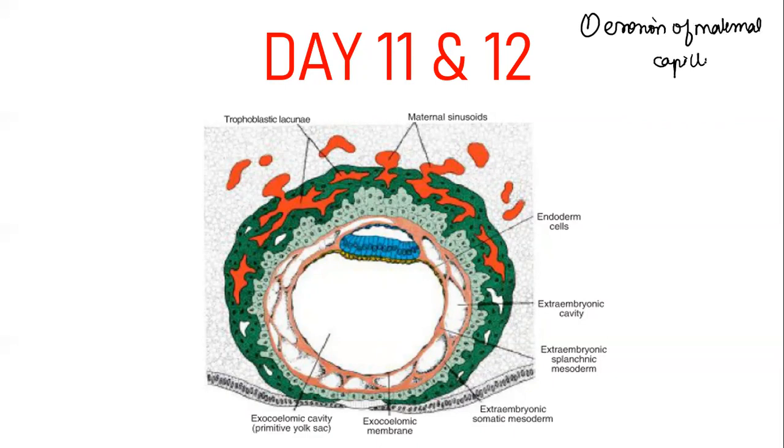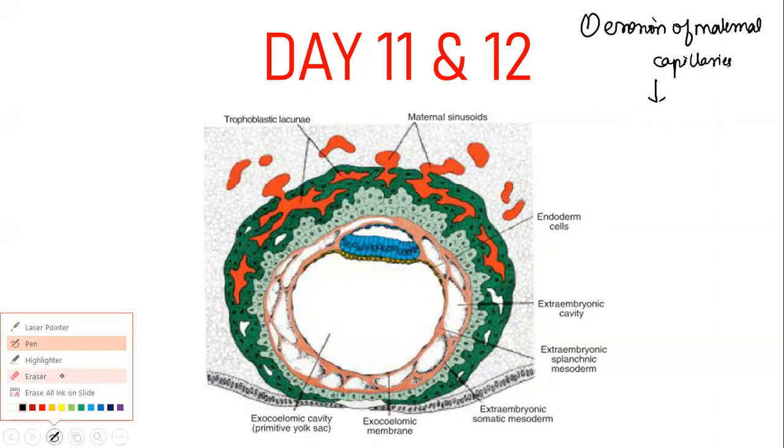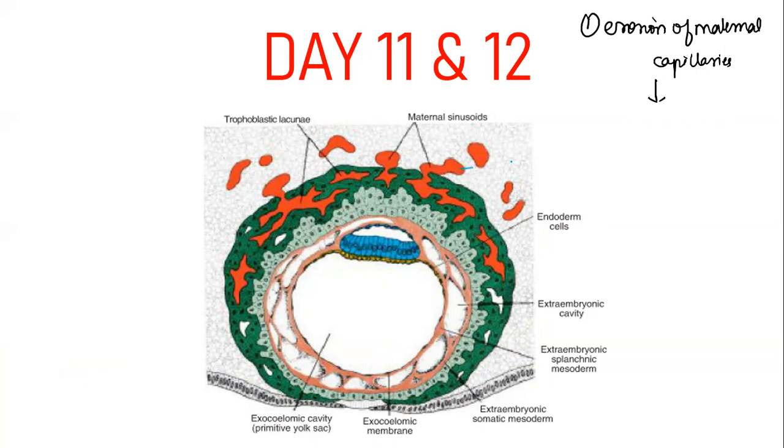As a result, all your capillaries are eroded. The capillaries that are present get engorged and dilated. Such engorged and dilated vessels are called sinusoids. Can you make it out? It has become very irregular, engorged, and dilated. Can you make out the difference?